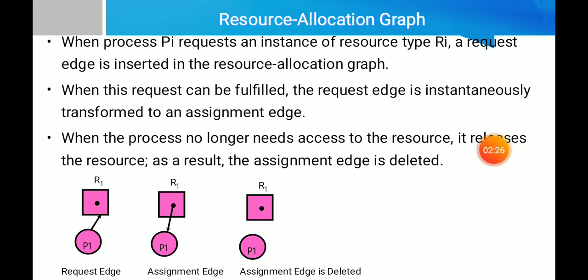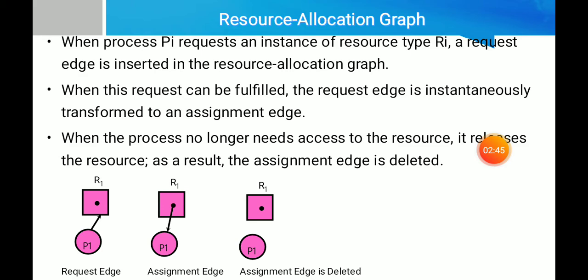Now, whenever a process wants to request a resource, it first requests that resource by drawing an arrow, as shown in the first diagram, from process to resource. It means that the process is requesting the resource.